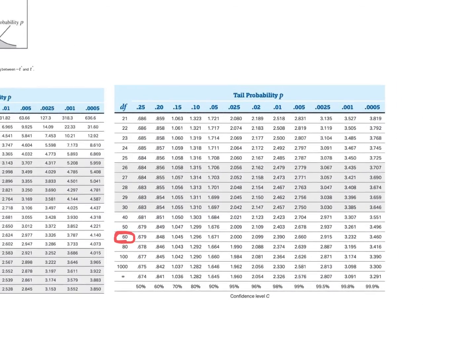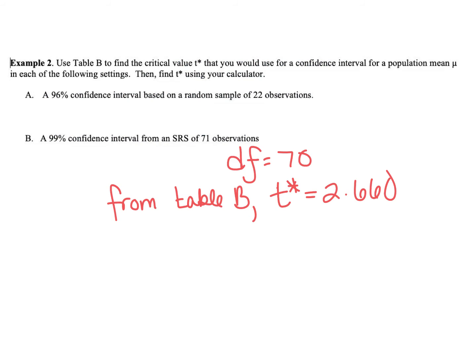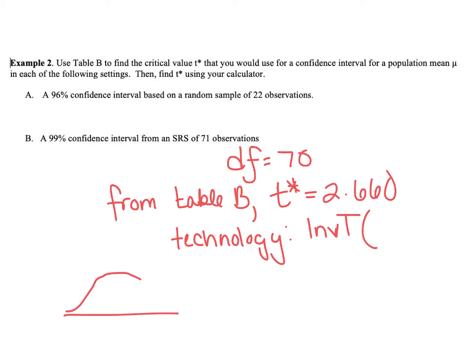So I'm going to actually zoom in here. So for a 99% confidence interval, we're going to be using 2.660. We get 2.660. Okay, so let's quickly just do it from technology. We're going to be using inverse T, so you hit second bars. Now if we're doing a 99% confidence interval, that means we have 1% left out, so that's 0.5% or 0.005 in each tail.